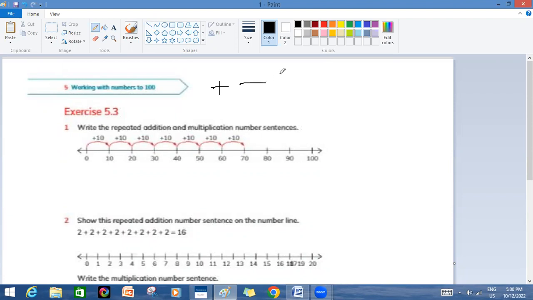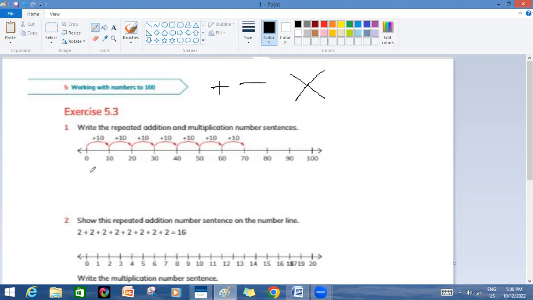And today we are going to start with multiplication. We are going to use this sign, the X sign, that is called multiplication, like this.